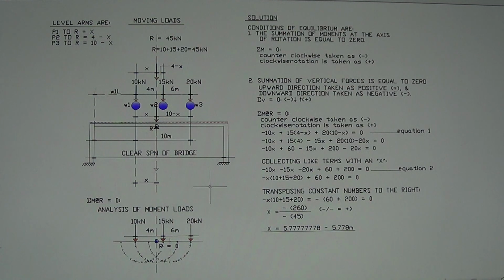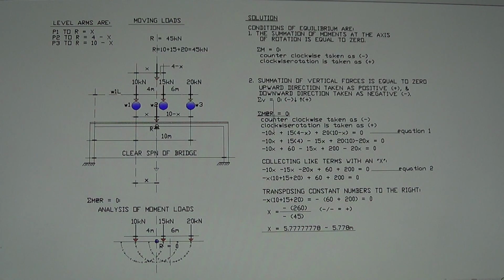So we have all that rotation, we have all the lever arms, and then we can start the first condition of equilibrium, which is the summation of moment at the axis of rotation. The summation of moment at point R is equal to 0.